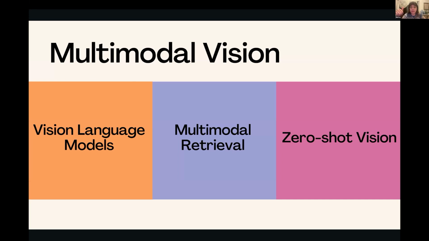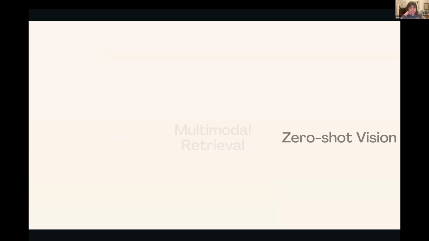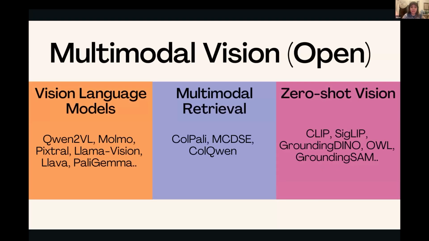And this is basically open vocabulary object detection, zero shot object detection, zero shot image classification, and so on, all falling under zero shot vision. But most of this talk will be focusing on vision language models because it's the hot topic these days. But I will be briefly going through zero shot vision. So the open alternatives for these tasks.